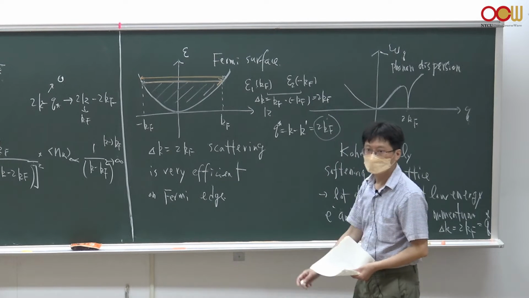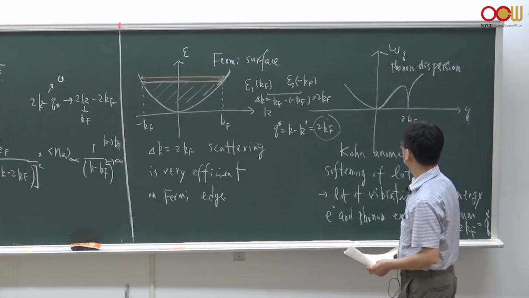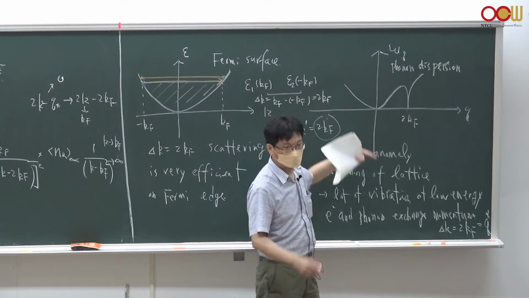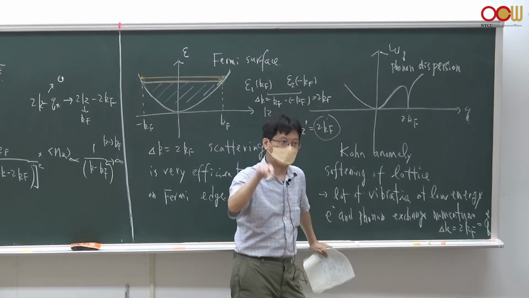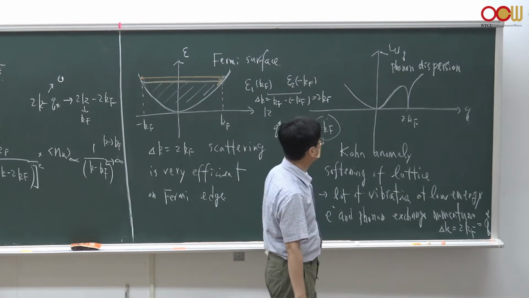2kF is precisely the phonon momentum. Okay, so if you look at this phonon dispersion on the right, you'll see that this phonon looks like just a quadratic band versus momentum q.